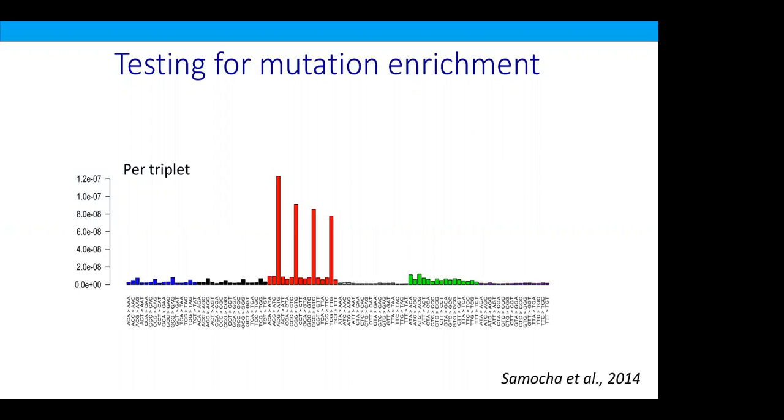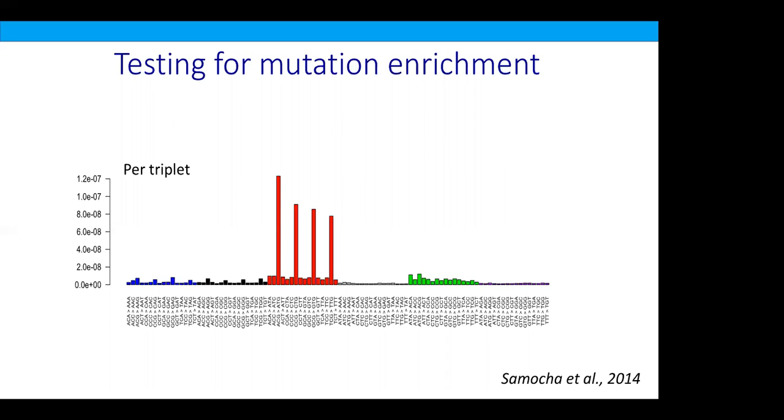It's important to take sequence context into consideration here. For example, these 4 big red peaks are CpGs, which we know to be hypermutable. If you have a sequence that's CpG rich and you don't account for this hypermutability, then you might see more mutations than you expect simply by chance, not because there's any disease association.